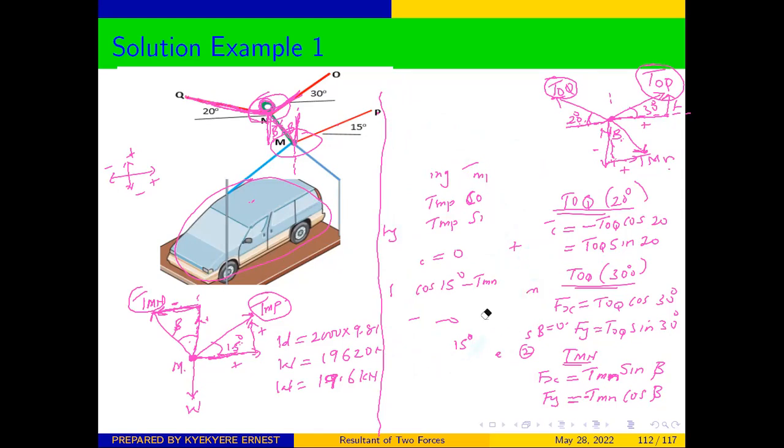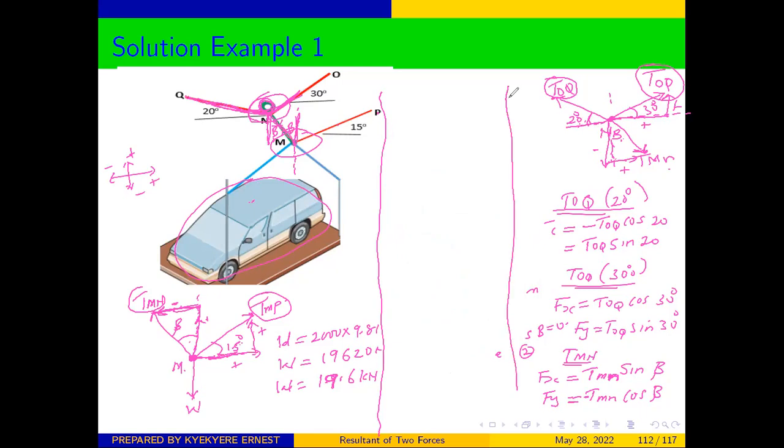In this case, we are not going to apply our moment because we are dealing with particles, and when we are talking about particles, we don't talk about moments. Good. Let's therefore write our equilibrium equation for the next side.